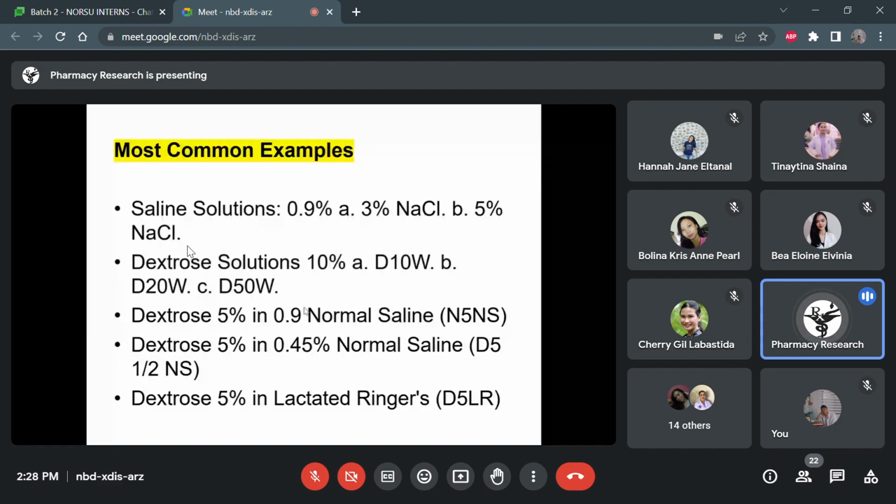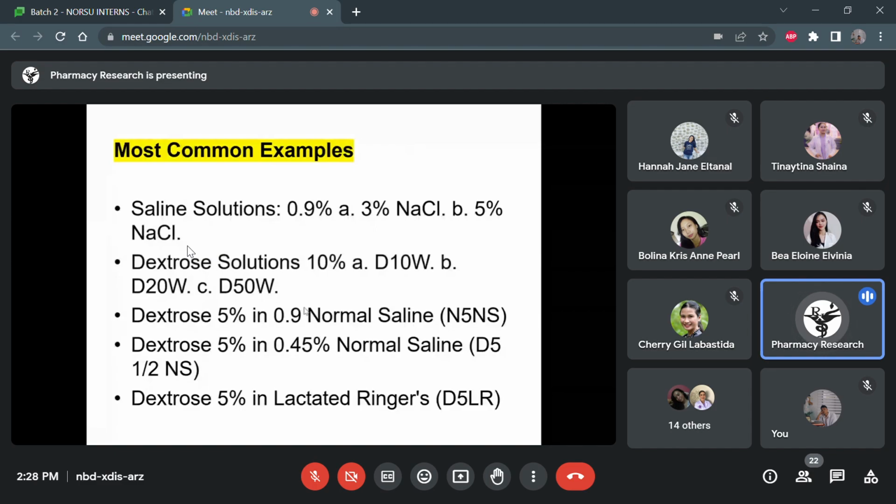Then dextrose solutions: D10 water, D20 water, and D50 water. D50 is the color red, the D50 polyamp. Then dextrose 5% and 0.9 normal saline, D5 NSS.